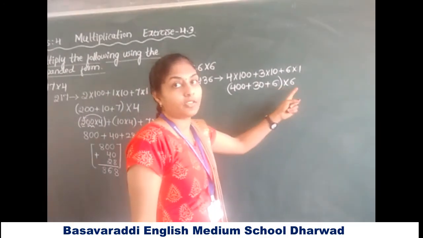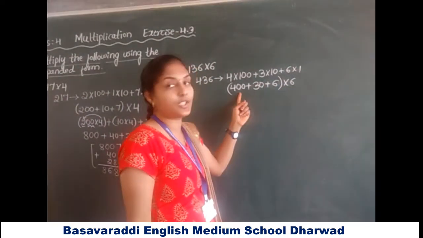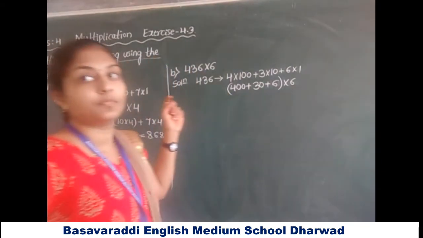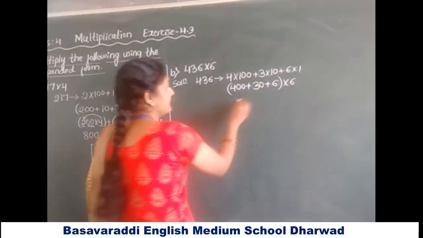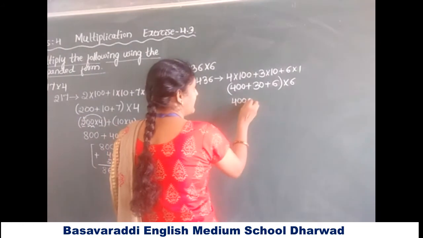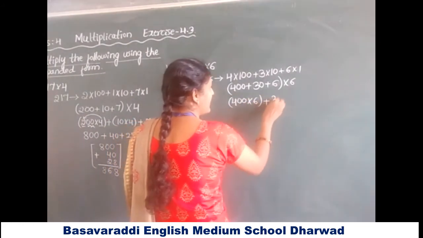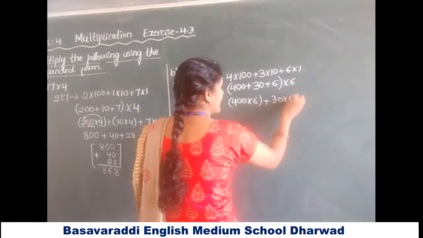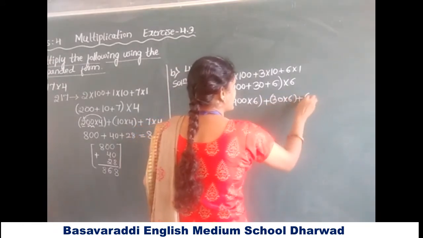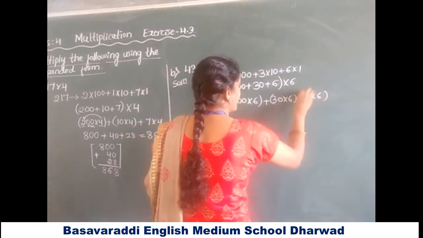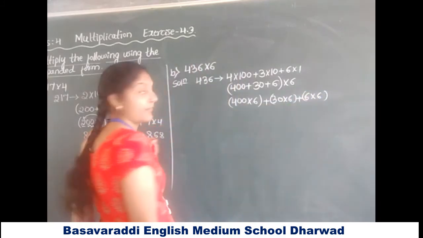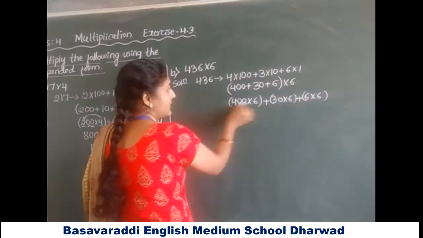Multiply the 6 with each digit there. That is 400 into 6 plus 30 into 6 plus 6 into 6. Okay, next.